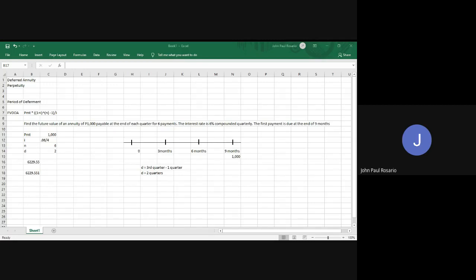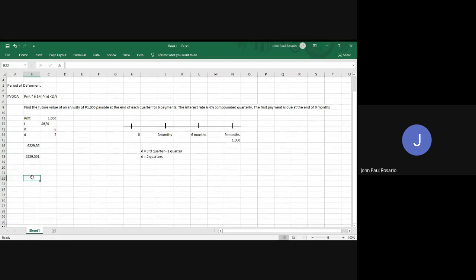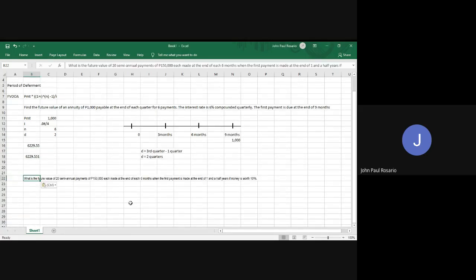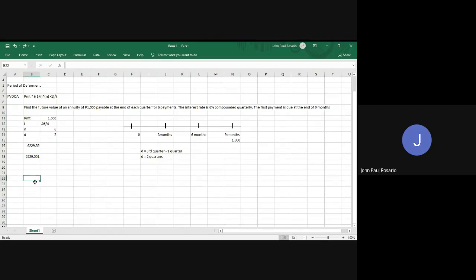Not this one. Sige, let's try this one. So what is the future? Ay, kamay na kayo siya, no?